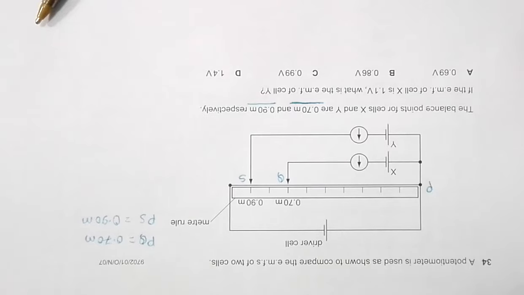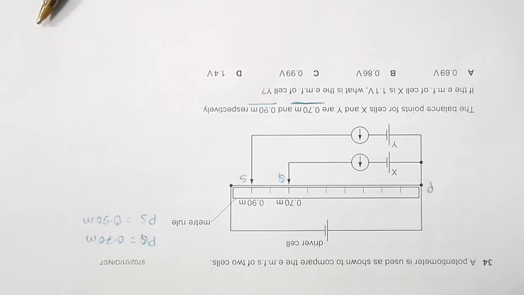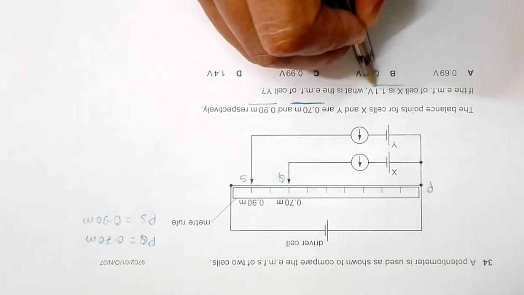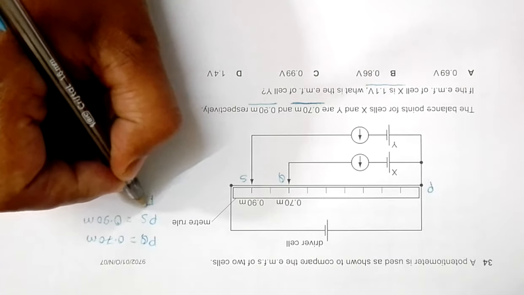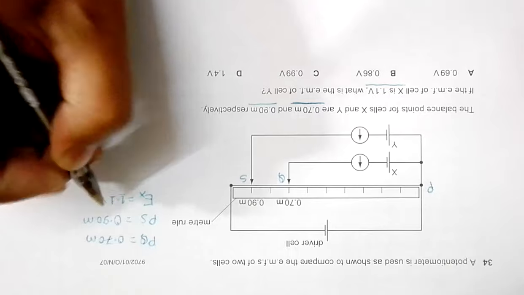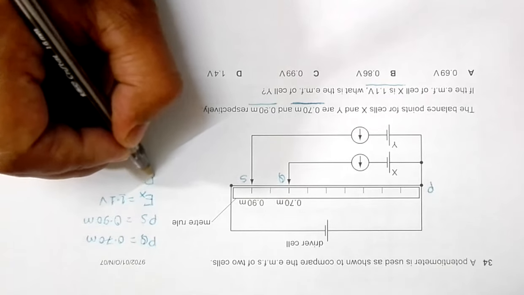So with this data, I have to find one more thing. If the EMF of cell X is 1.1 volt, which is EX equal to 1.1 volt, I have to find the value of EY.